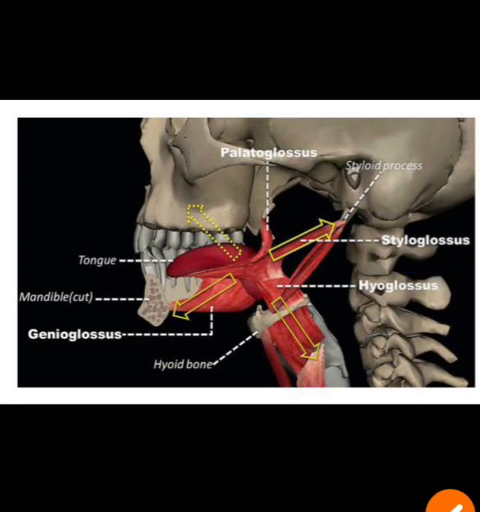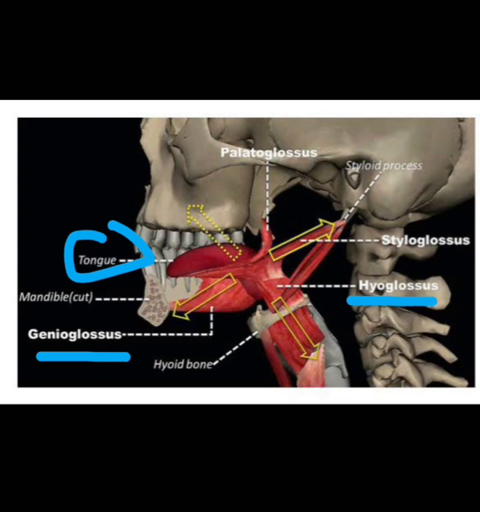There are 4 extrinsic muscles which help in the alteration of the position of the tongue. The first muscle is the genioglossus muscle. The tongue is attached to the mandible with the help of the genioglossus muscle. The second muscle is the hyoglossus muscle. The tongue is attached to the hyoid bone with the help of hyoglossus muscle.